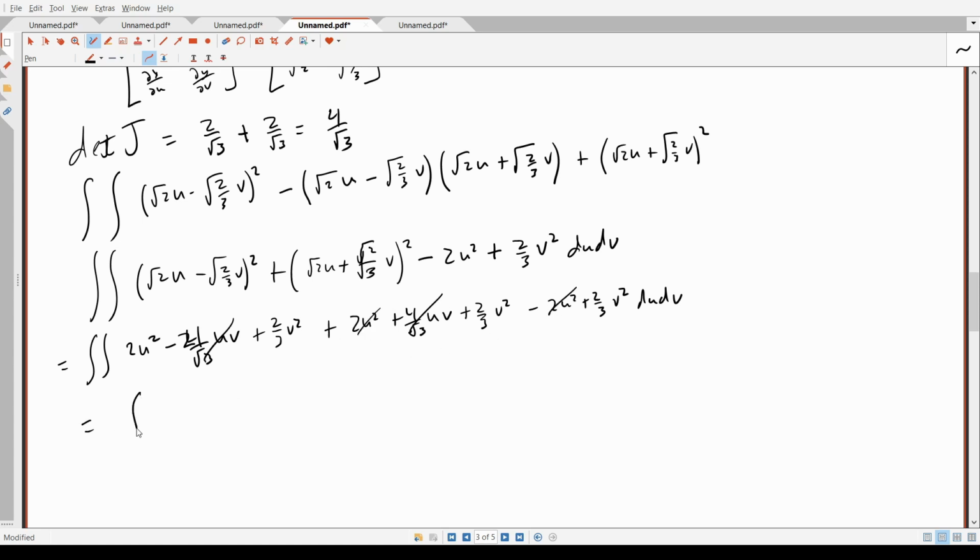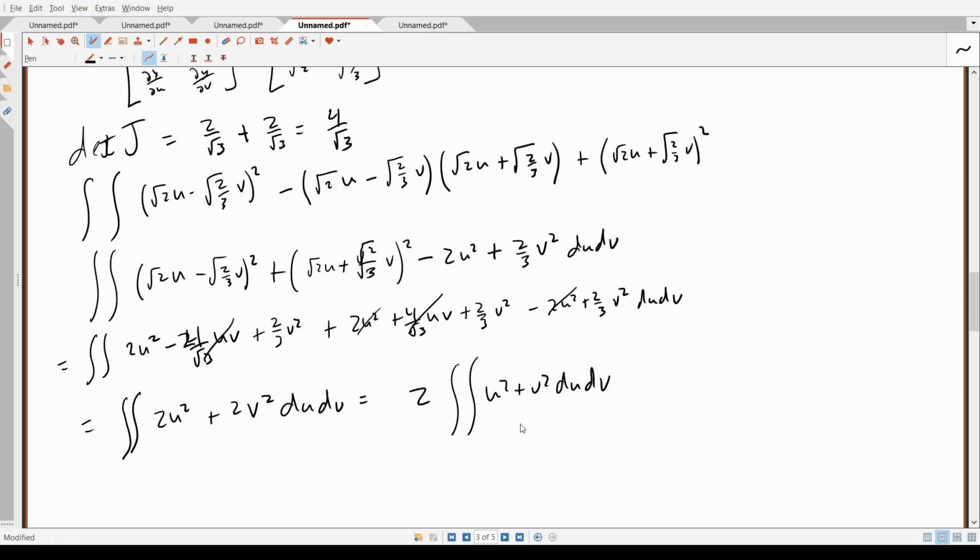So now we have 2 over 3 v squared plus 2 over 3 v squared plus 2 over 3 v squared. That's 3 times 2 over 3 v squared, which just gives us 2 v squared du dv. So finally I get 2 integral u squared plus v squared du dv.